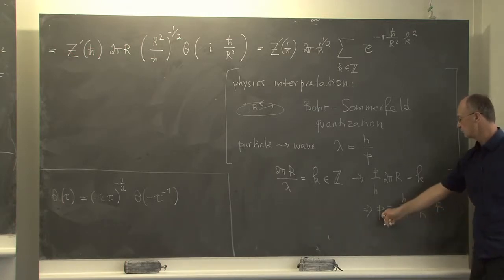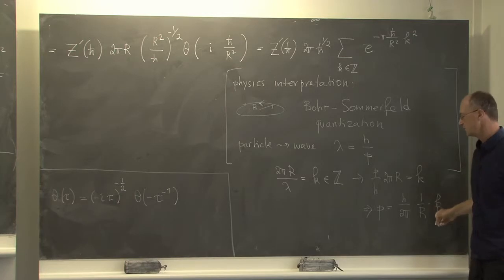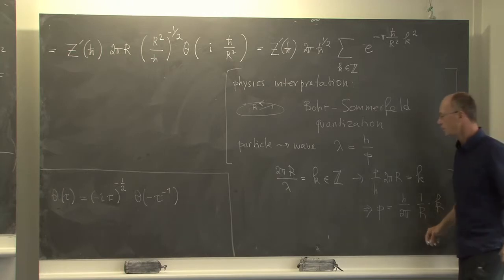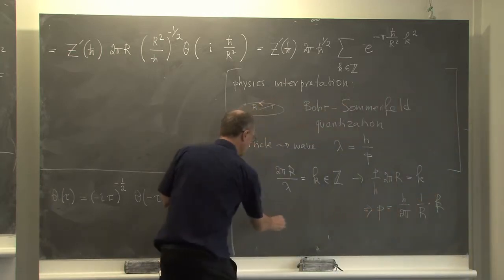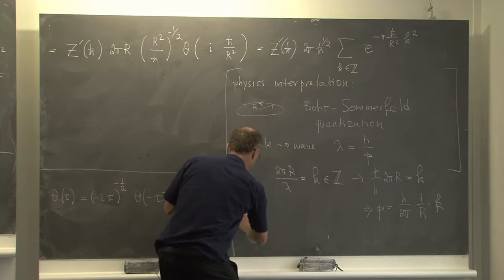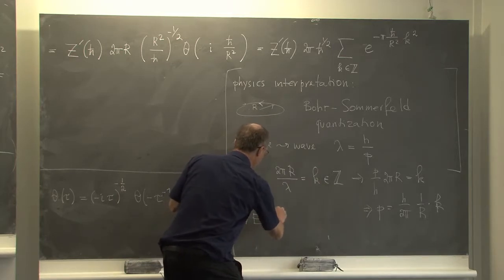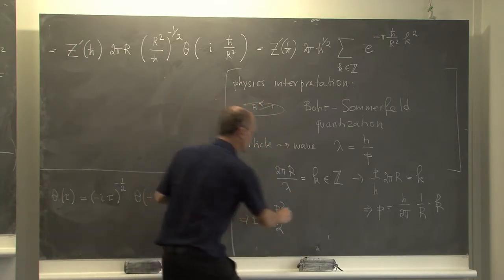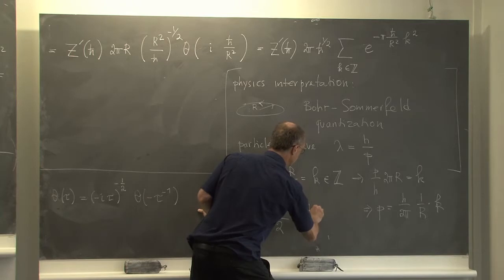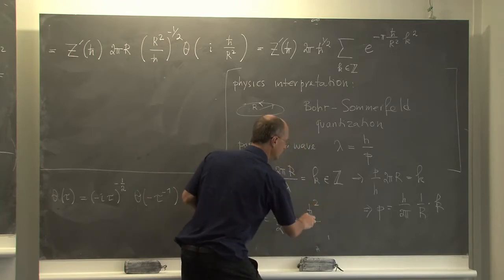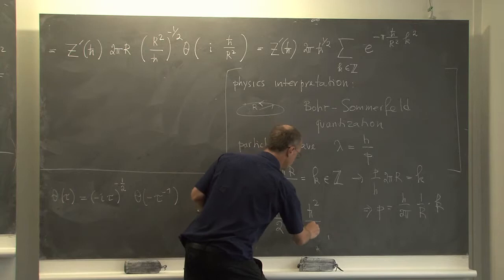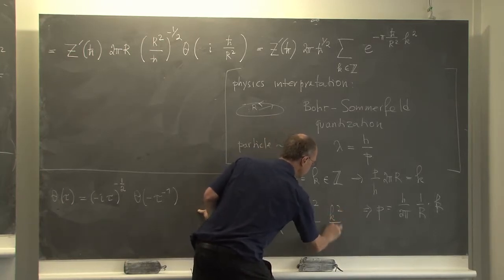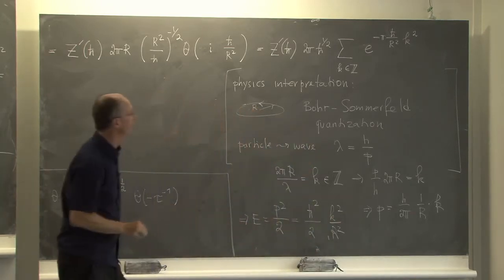In other words, the momentum is an integer proportional to 1 over r. Now, if momentum is like that, then the energy, let's say our mass is 1, so it's p squared over 2, and this gives us h bar squared divided by 2, and here k squared over r squared.